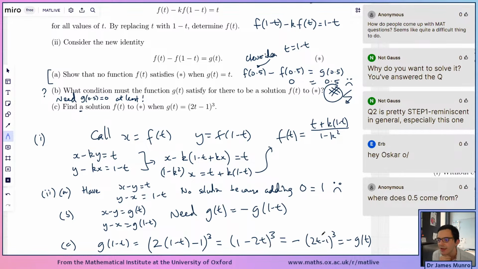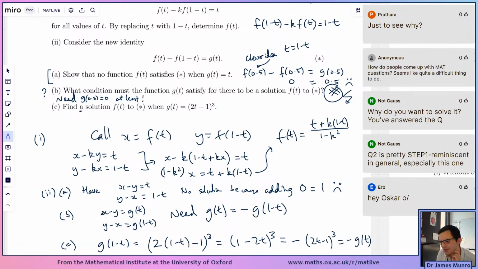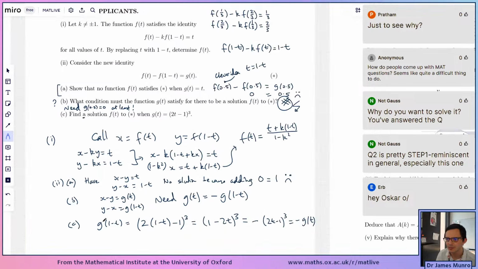So now we're looking for f. I'm a little bit worried that now it's kind of underdetermined. It's like a system of equations where we've only got one equation. I'm wondering if I could do something slightly cheeky and claim that maybe f of t is minus f of 1 minus t as well. Sure, I'm not certain it matters. We're just looking for a solution. Oh, okay. So I could try something like half of g. Yeah, half of g I think works. Let me show you.